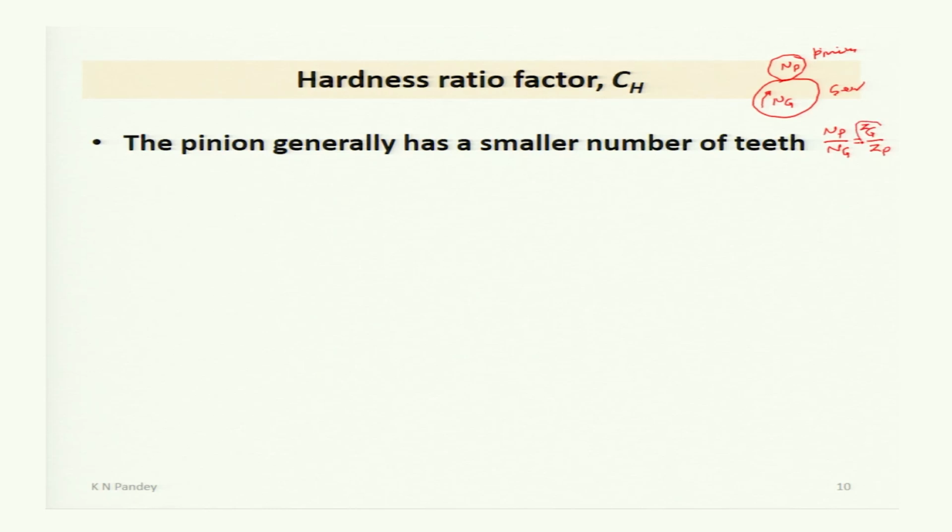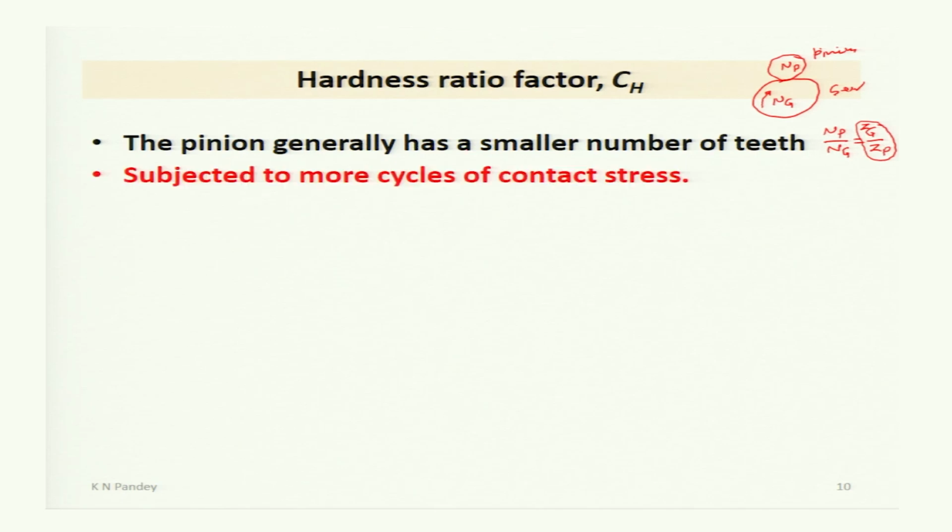Now, this is more than 1, because the ratio Zg divided by Zp is more than 1, so Np will be Ng multiplied by a number more than 1, and so Np will be more than Ng, which is obvious. So the pinion, which generally has a smaller number of teeth, is subjected to more cycles of contact stress. As it is rotating with more RPM, it will be subjected to more contact stresses.